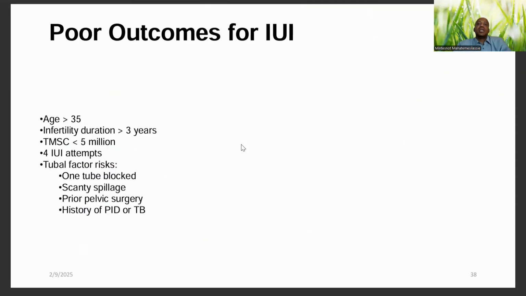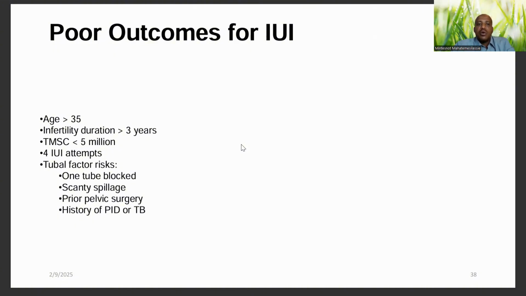Poor outcome in general with IUI is found in a patient with age more than 35, if the infertility duration is more than 3 years, if the total motile sperm count is less than 5 million, if you have already done 4 attempts of IUI, or you have tubal factor infertility, like if one of the tubes is blocked, if there is scanty spillage on HSG, if there is previous pelvic surgery for myoma, delivery or ectopic pregnancy, if there is a history of PID or TB.